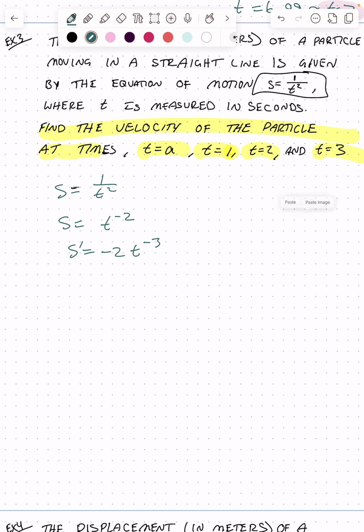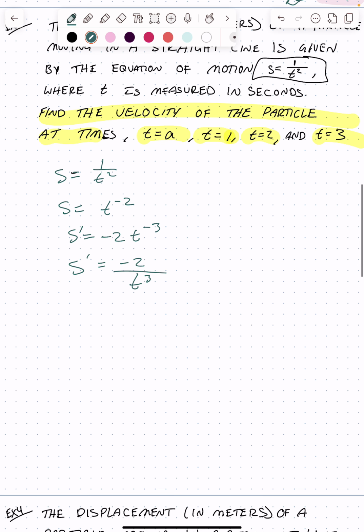All right, so you may leave it like this. Typically, if you're going to find another derivative after this, you leave it like this. But it's also good manners to rewrite it as such. And for the sake of solving these problems, we're going to leave it like this. So for this question, find the velocity of the particle at times t equals a.